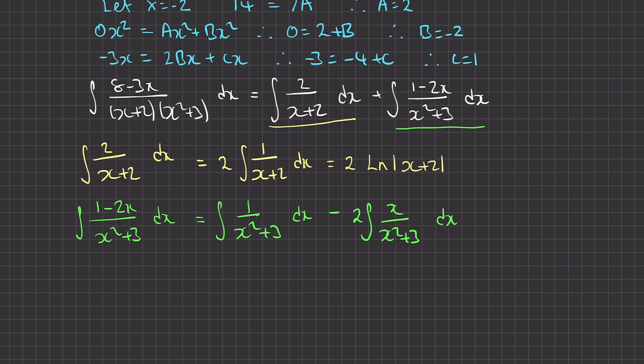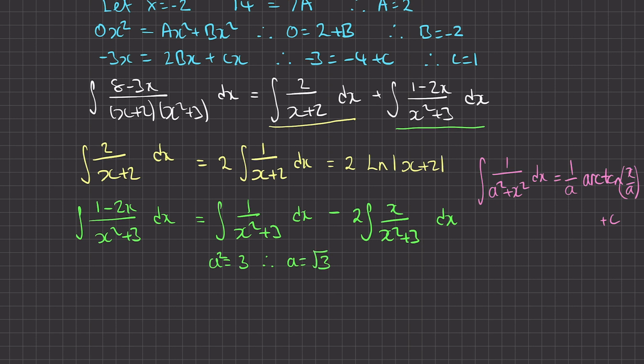So if you remember our inverse trig function, where we had the integral of 1 over (a squared plus x squared) with respect to x is 1 over a arctan of x over a plus a constant, we can see that this form matches this form, where we say that a squared is equal to 3, so therefore a must equal root 3.